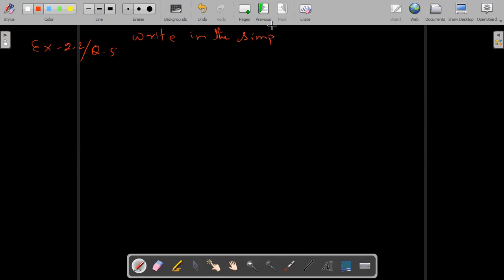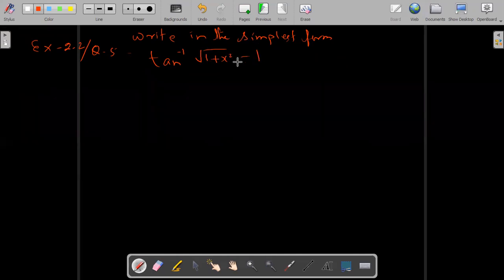The question is tan inverse of under root 1 plus x square minus 1, divided by x. This should be converted into the simplest form.